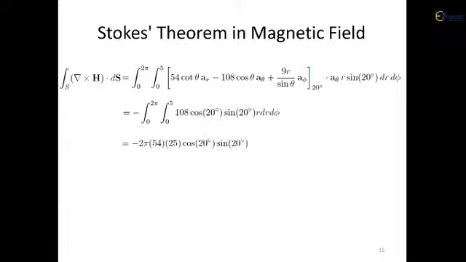By the next step, after solving the integrals, we have minus 2 pi 54 into 25 into cosine of 20 degree into sine of 20 degree, and lastly we get the value minus 2.73 into 10 raised to power 3, expressed in terms of amperes. So this is the same result that we obtained as the solution for part A here.